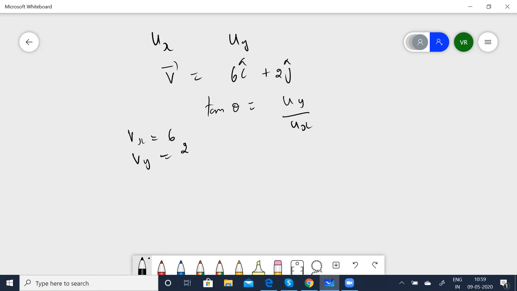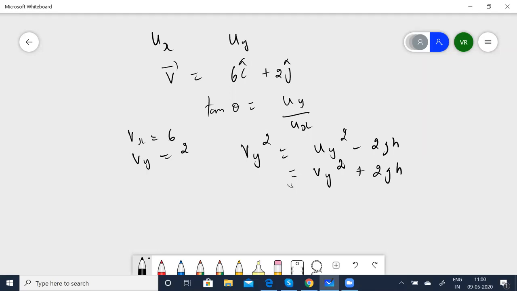Now ux is equal to vx, so ux is equal to 6. Now substitute: vy squared is equal to uy squared minus 2gh. Because it is upward motion, it's going to be plus 2gh, since it's moving upwards.